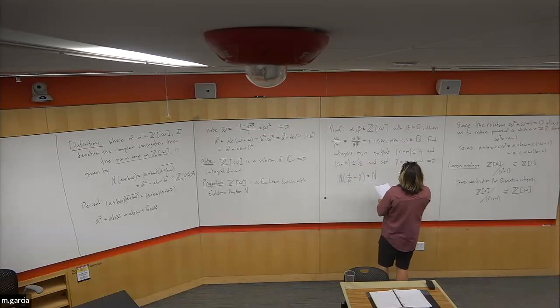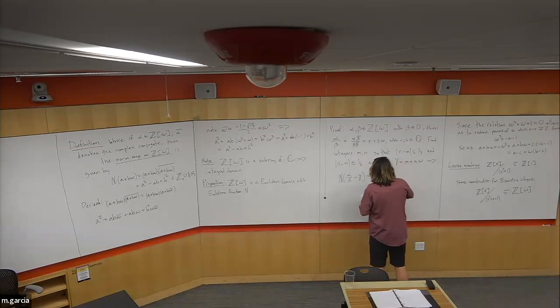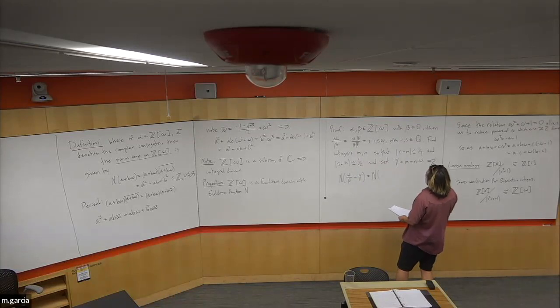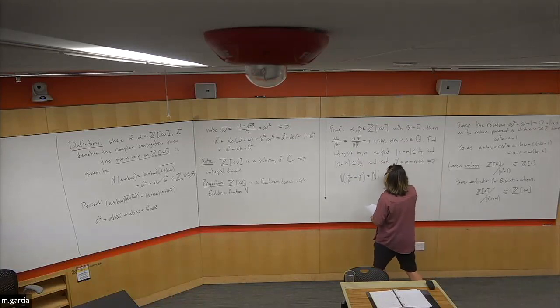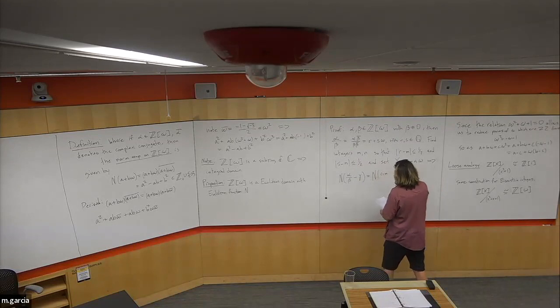When I subtract these two, what am I saying? I'm saying I have r minus m plus s minus n times omega.